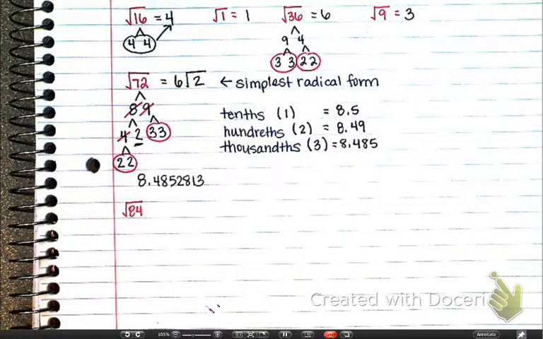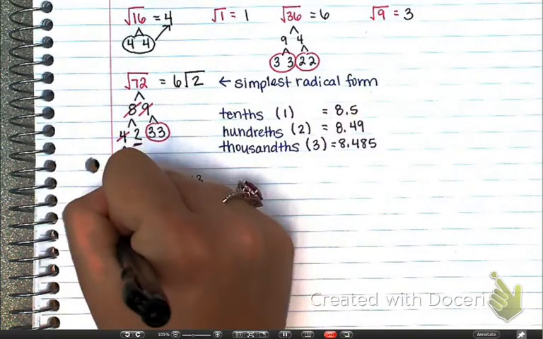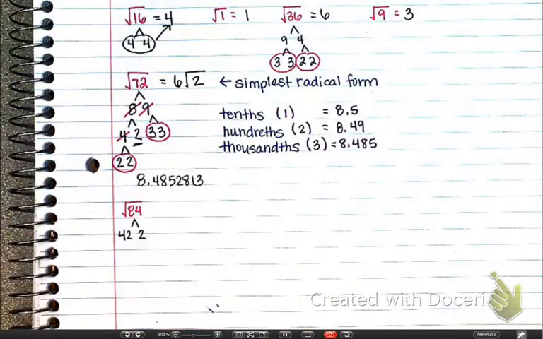So if I want to find the square root of 84, can you give me two numbers that multiply to 84? 42 and 2? Okay. So 42 times 2, we can do that. There are other options, but we'll do the 42 times 2.